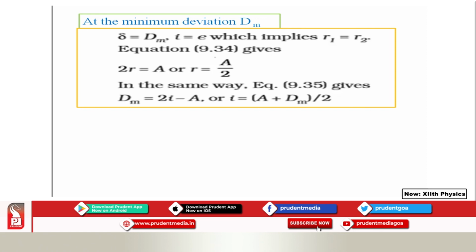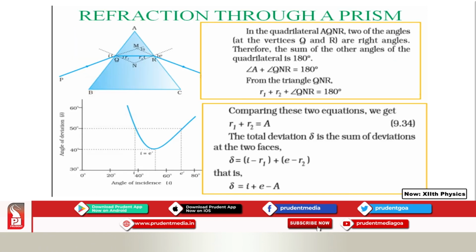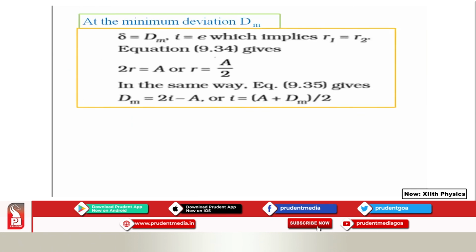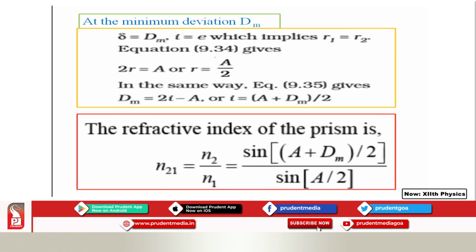Why twice I? That is because I have said I equals E. So, if these two are equal, it will be I plus I, twice I. So, twice I minus A equals delta m, giving I equals A plus delta m by 2. We just need to rearrange it, and there you have the refractive index of the prism formula, which is n2 by n1 given as sine of I upon sine of R, which is Snell's law.